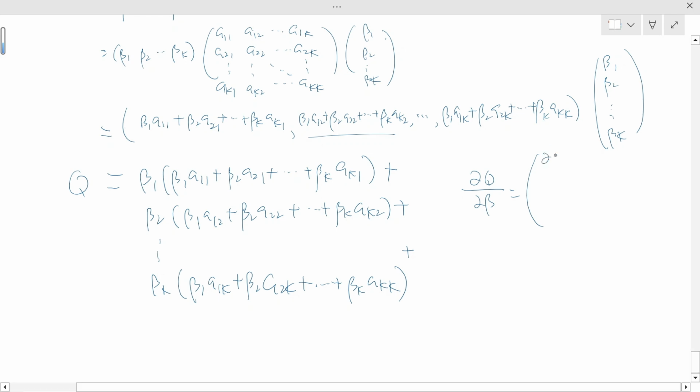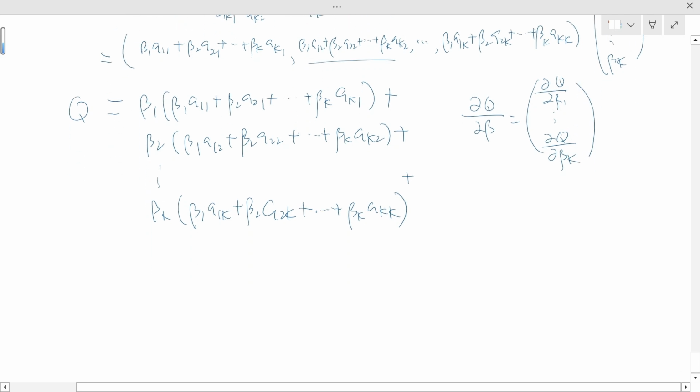First element is partial Q, partial beta 1, second partial Q, partial beta 2, until partial Q, partial beta k. Let's compute the first one first. So partial Q, partial beta 1. When we are doing partial differentiation with respect to beta 1, withholding beta 2, beta 3 until beta k, all the other betas, treat them as constant.